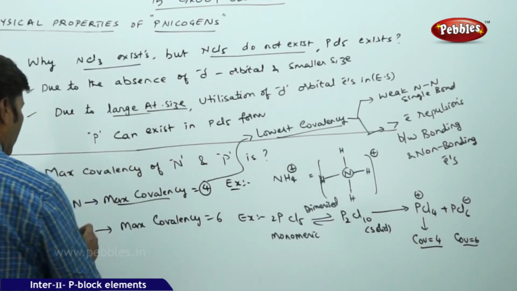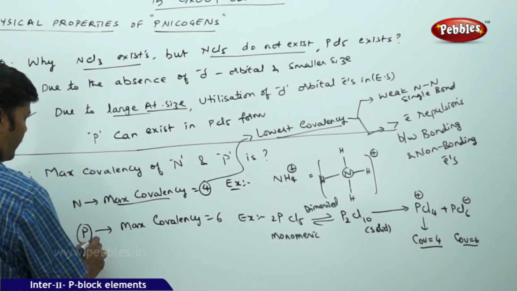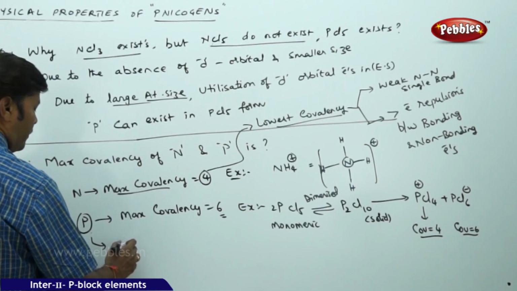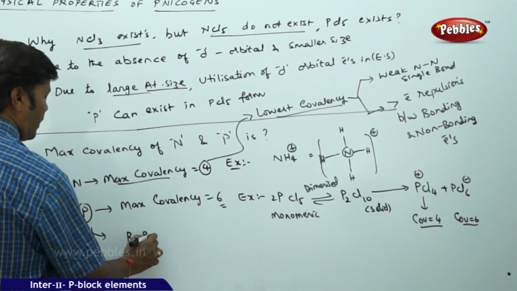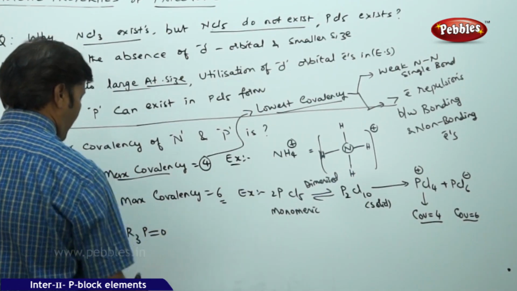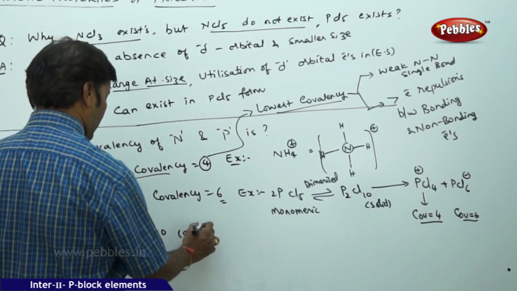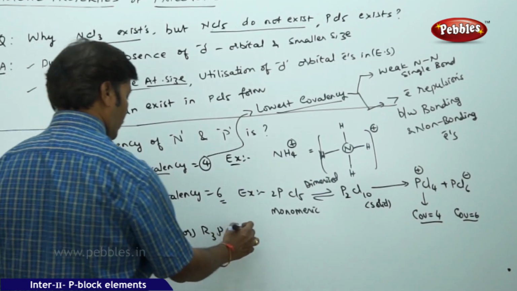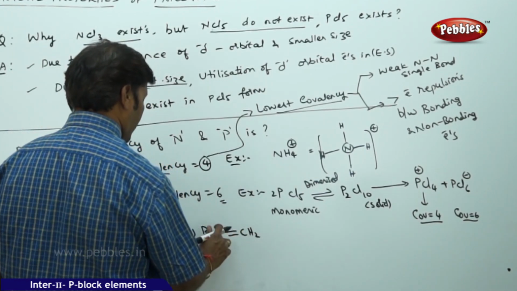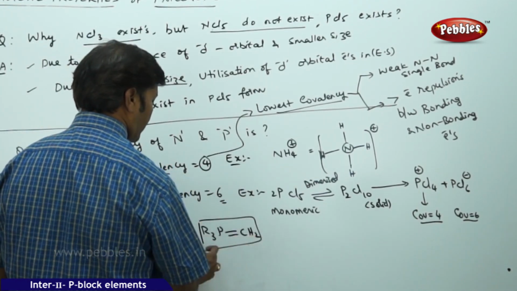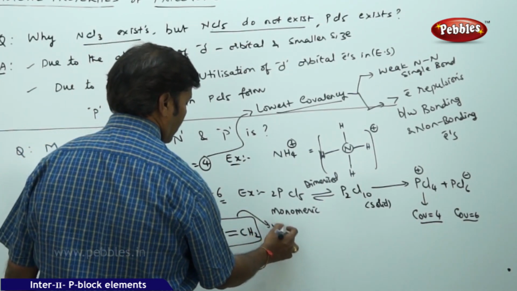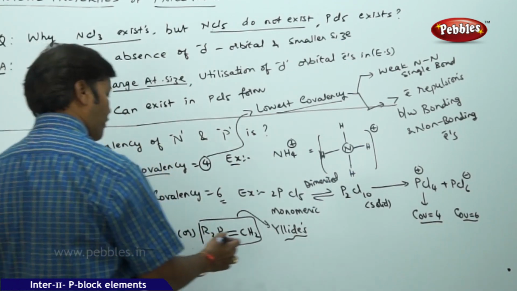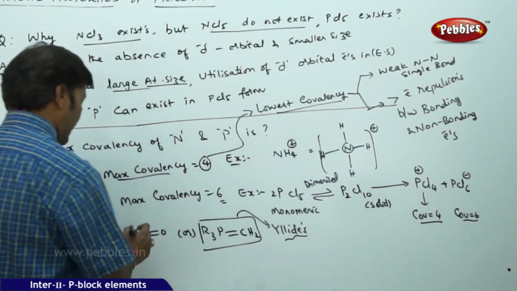But if you go for phosphorus, for example, it shows a maximum covalency up to 6 because it is available in the form of trialkyl phosphoxide. You can take trialkyl ylides, that is CH2. This is phosphorus ylide, and we call this compound an ylide.